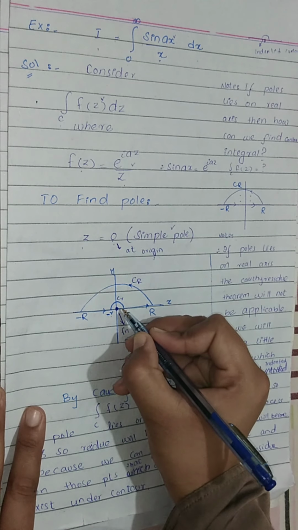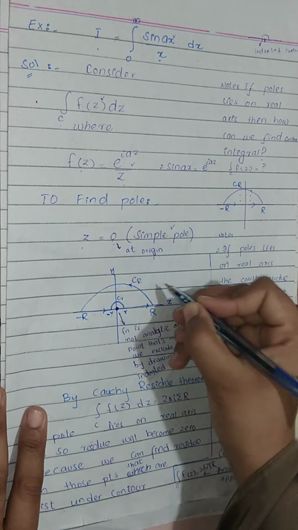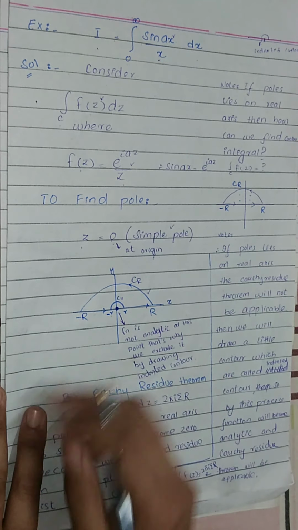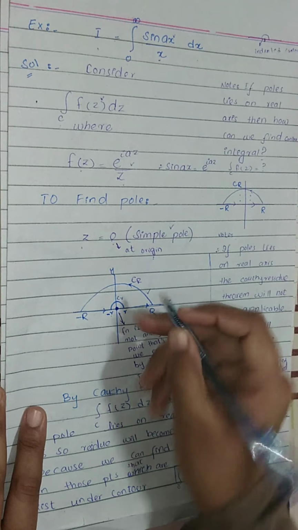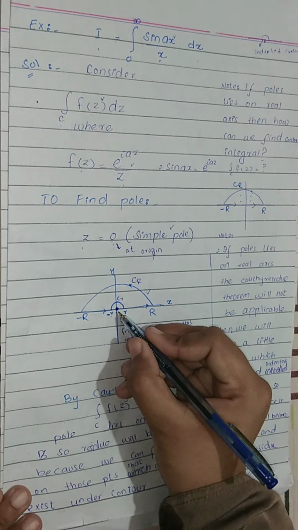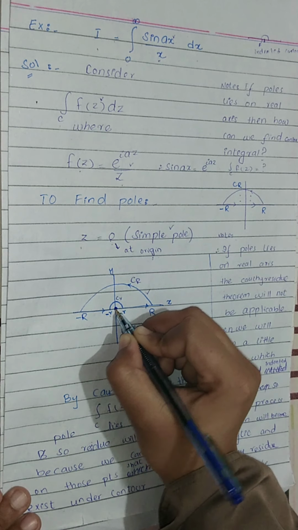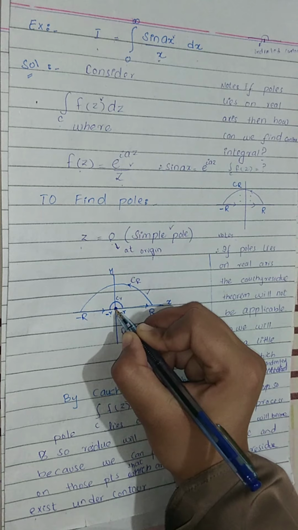We draw a semicircle of very small, negligible radius around the point on the real axis. When we exclude this point, we can find the residue by using Cauchy's residue theorem.